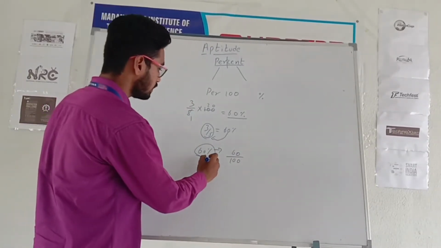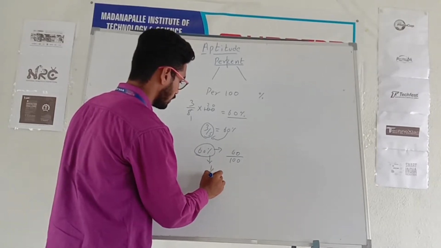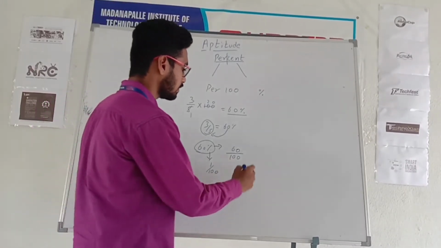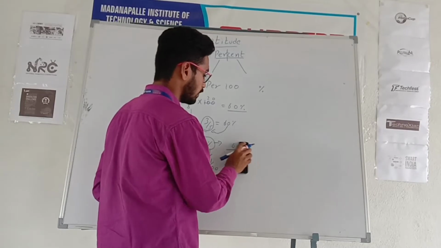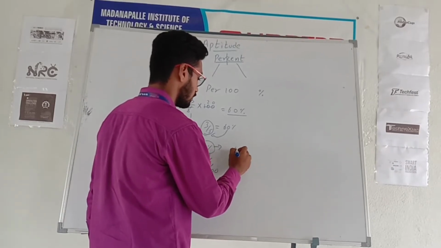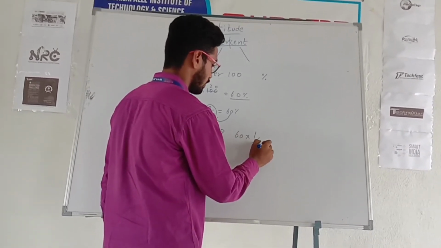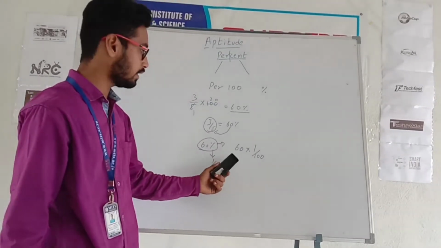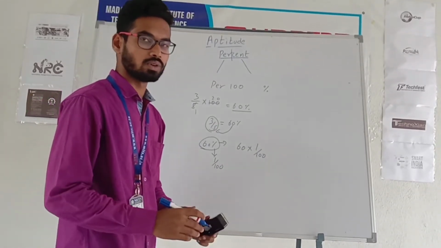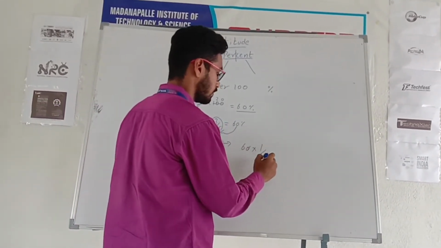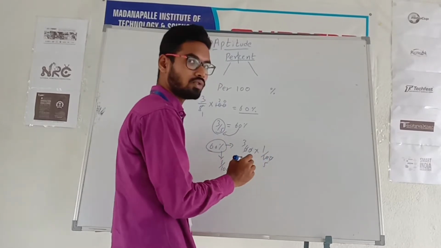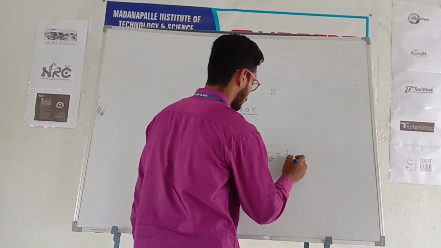This symbol represents 1 by 100, so we are multiplying 60 into 1 by 100. This is the correct expanded form of representing the percentage. Cancel the 0 and 0, then divide by 2: 2 3s are 6 and 2 5s are 10. The output is 3 by 5.